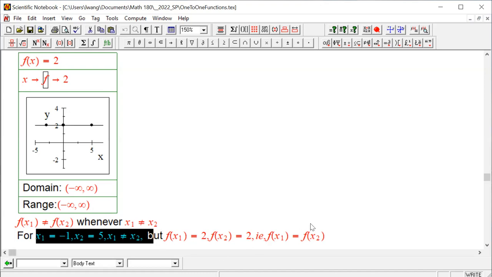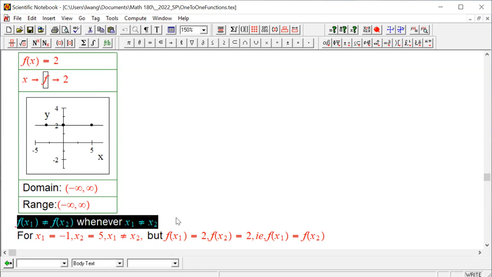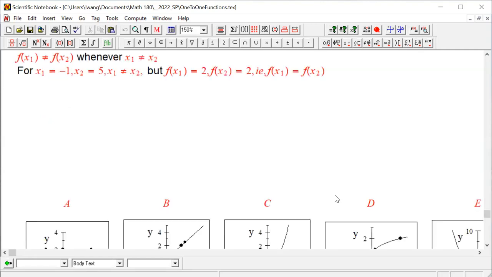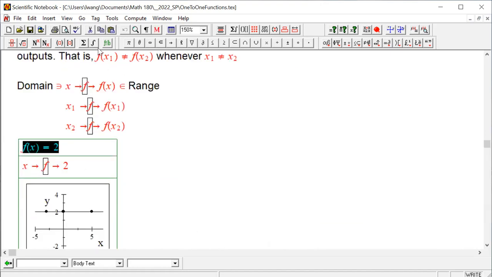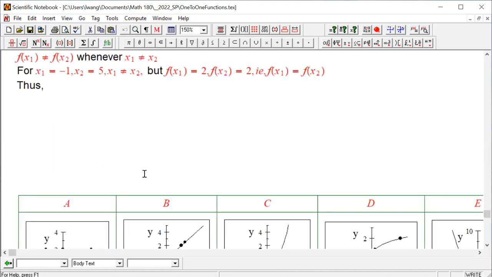Since this is not true, therefore we can say this function is not a one-to-one function. So now you can say thus, this function in our consideration is not a one-to-one function.